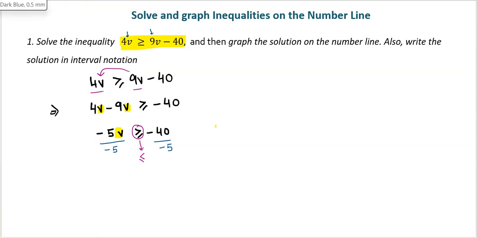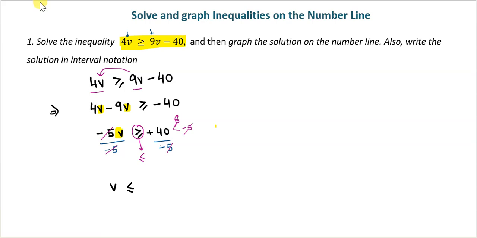So what will we have? You can cancel this minus 5 with minus 5. 40 you can write as 8 times minus 5, so this minus 5 and minus 5 again get cancelled. What you get here is v on the left side. And since it's a negative number by which we divide, we change the sign to less than or equal to what we get here: minus 40 divided by minus 5.